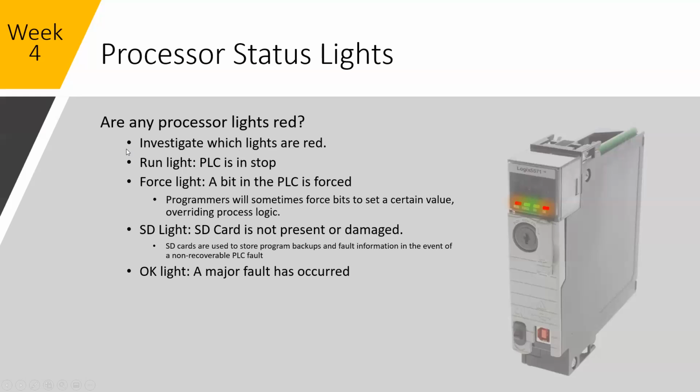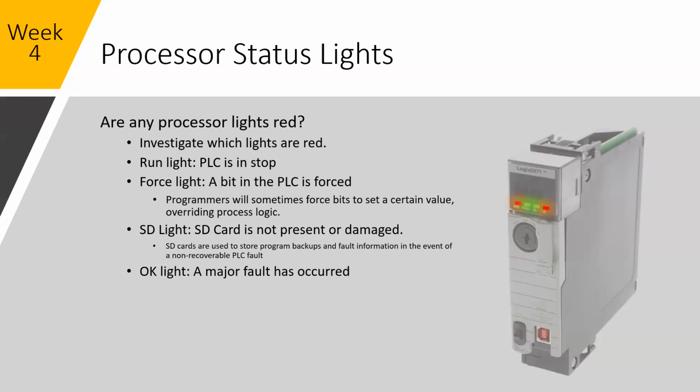The run light, if it is red, means the processor has faulted and is not executing code. If that light is green, it is executing code and everything's fine. At least it's executing code.